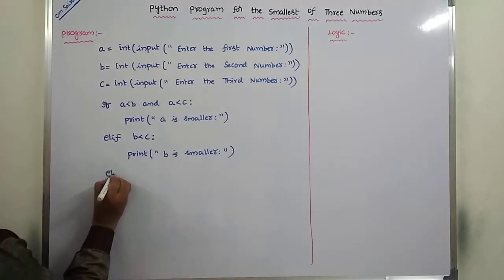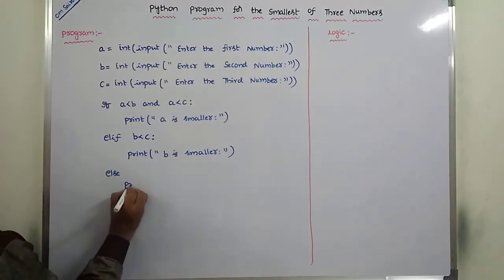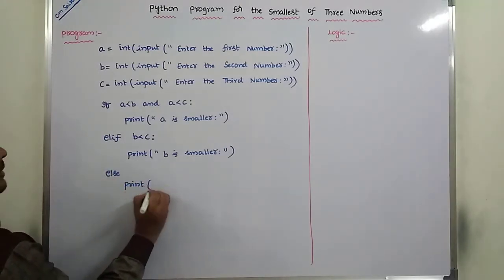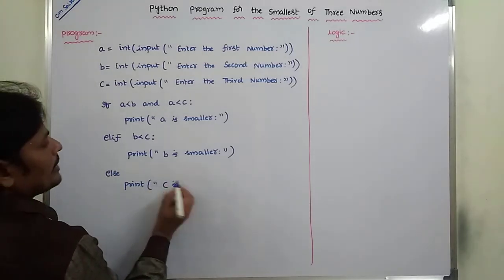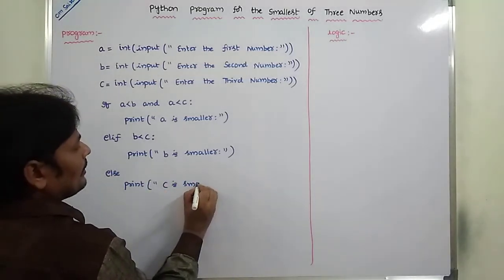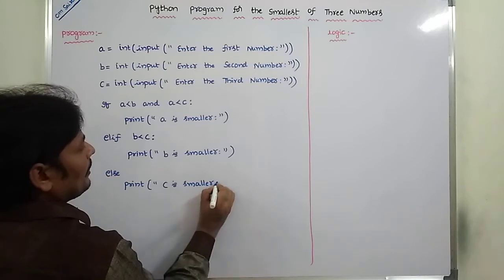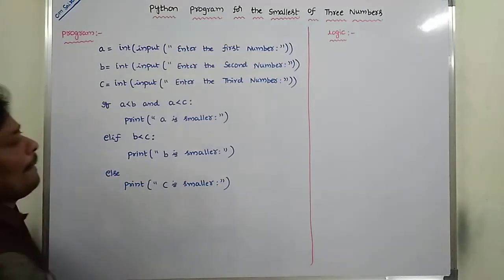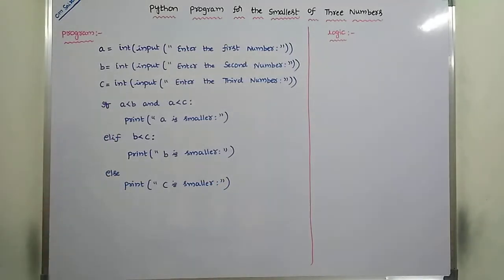Next, else, print "c is smaller". So this is the given program.